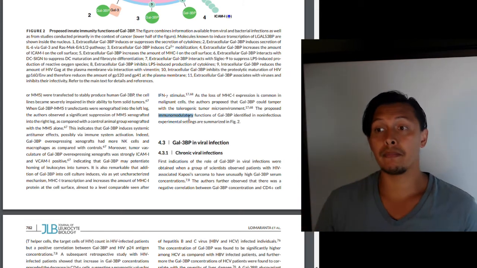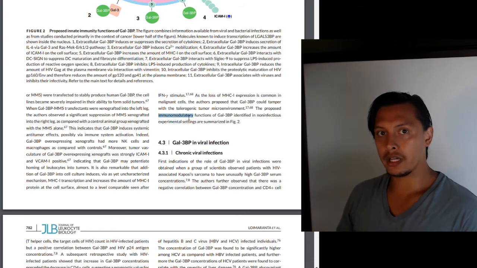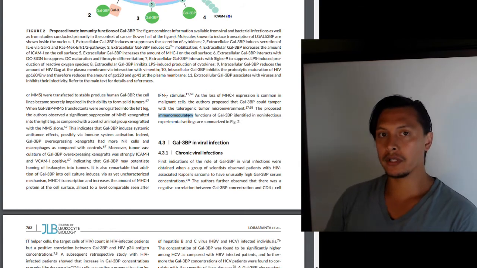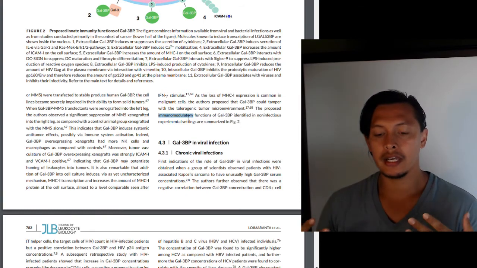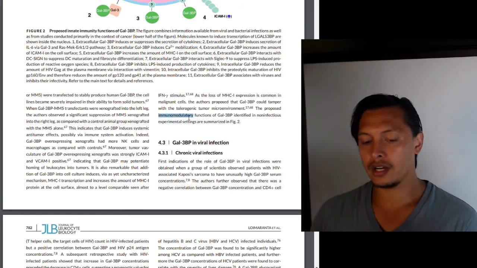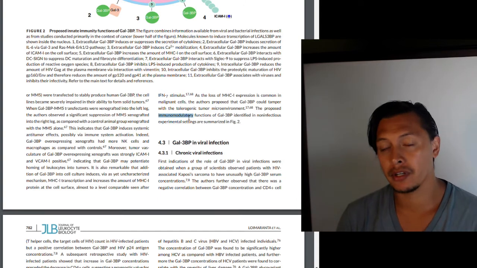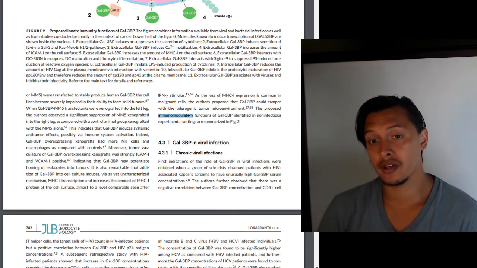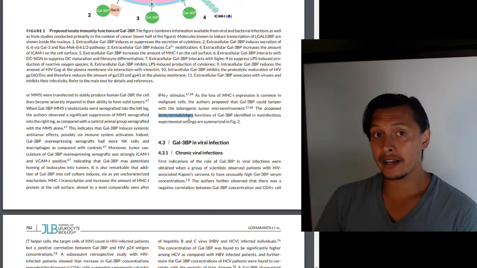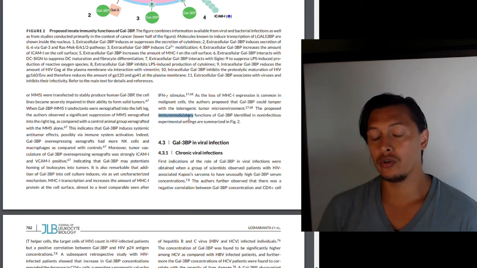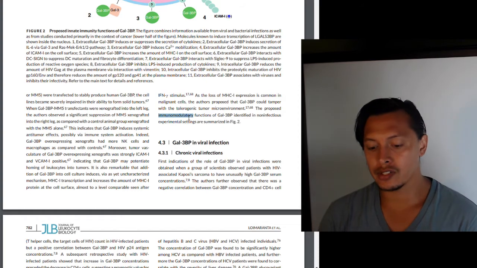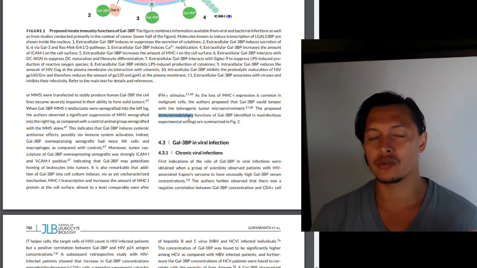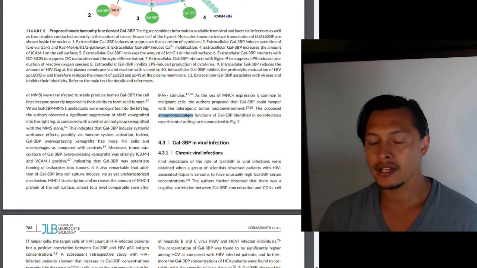So galectin-3 binding protein would normally increase the major histocompatibility class 1 on the surfaces of these cells, which would theoretically make them more vulnerable to immune cells that recognize these strange epitopes or these weird peptides.